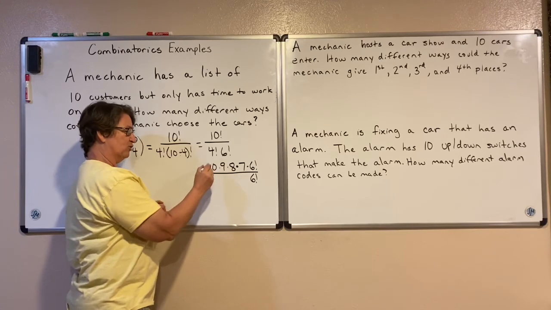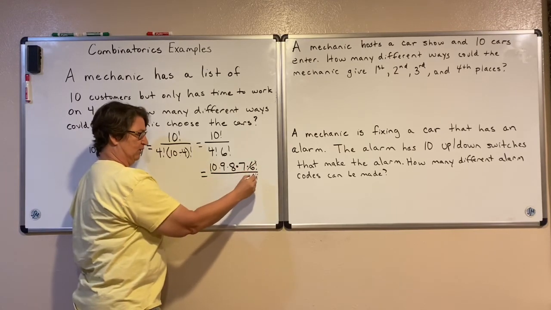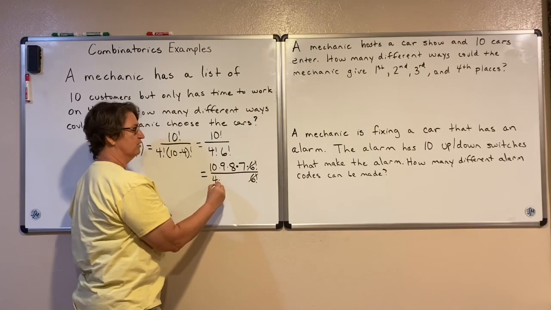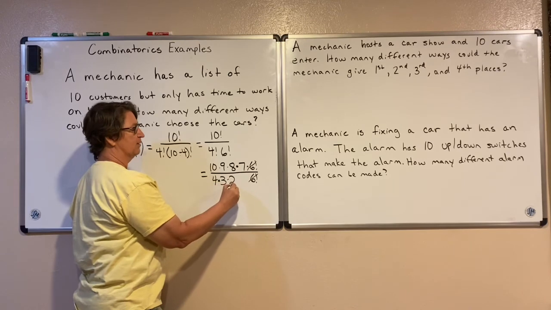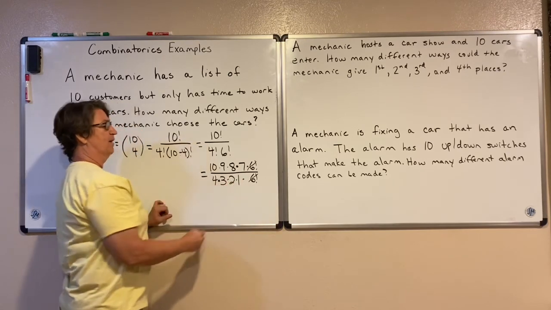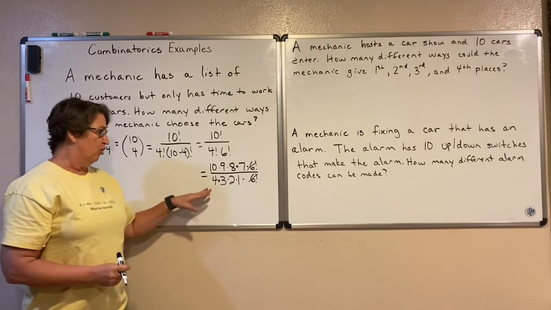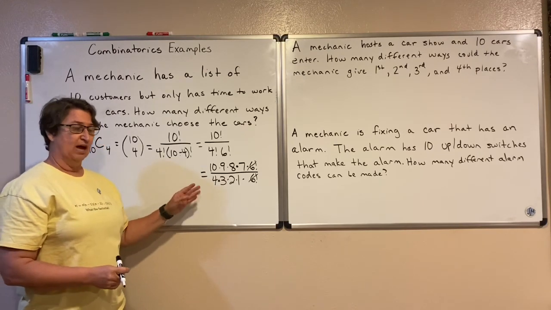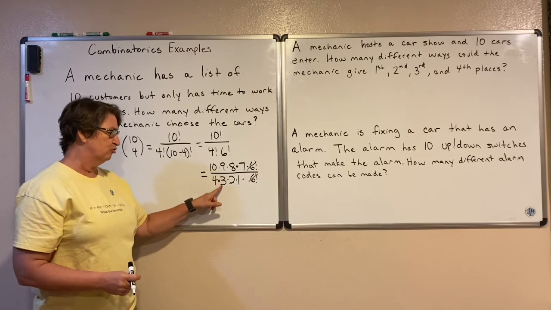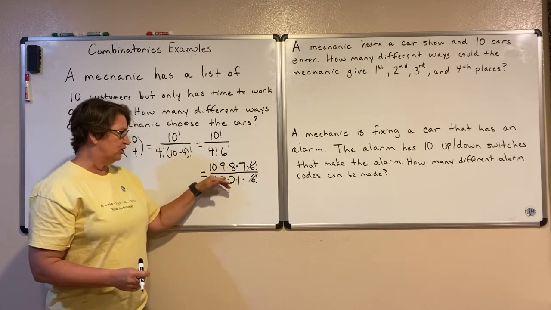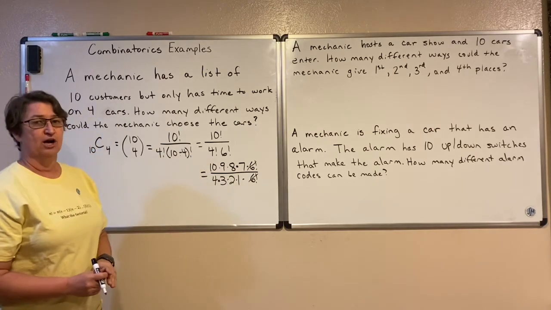This 4 factorial, though, is not going to cancel out. So I need to multiply it so that it's 4 times 3 times 2 times 1. Make sure to count that one down. It is true, though, that every single time we have a combination, we should be able to cancel out everything in the denominator. So this should divide into everything on top.